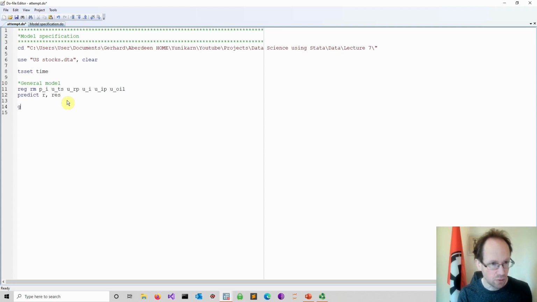For instance, you can do a generate command, I call this sample, equal to 1 if the residual is not equal to missing. Exclamation mark equal to dot means not equal to missing. So I can then use the same sample for other specifications where I actually reduce the number of variables, which would usually increase my sample size.